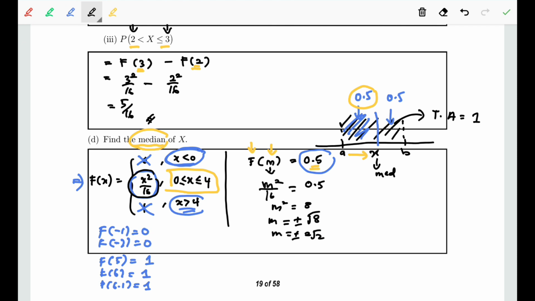Now we have two possibilities for m, positive 2 root 2 or negative 2 root 2. Since m should be between 0 and 4, the acceptable m is positive 2 root 2. The negative 2 root 2 is rejected because it is out of range.